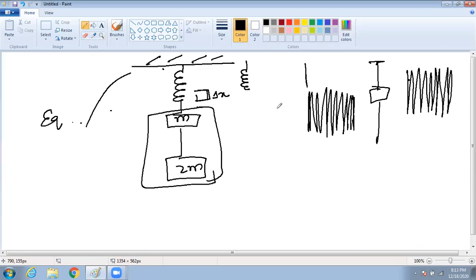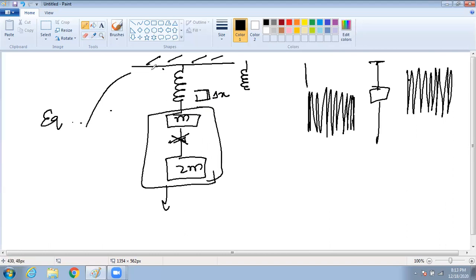Now, what is given in the question? Once this reaches the equilibrium position, the string is cut. We are cutting the string from here. Find the acceleration of both blocks just after cutting. The moment you cut, what will happen? This will fall down. And this is the elongation because of the 2 masses.